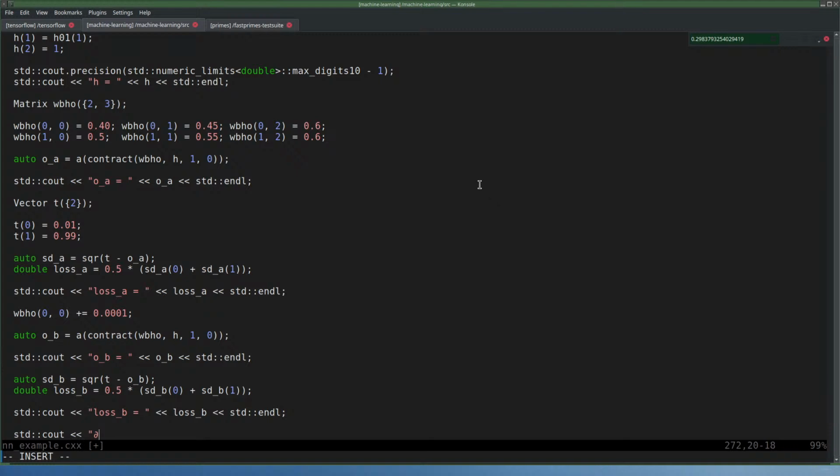The derivative of loss relative to W5 is, and now we fake it, so that would be loss B minus loss A divided by the delta that we added.